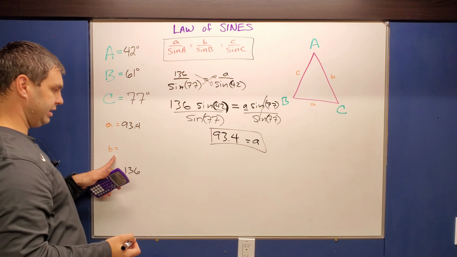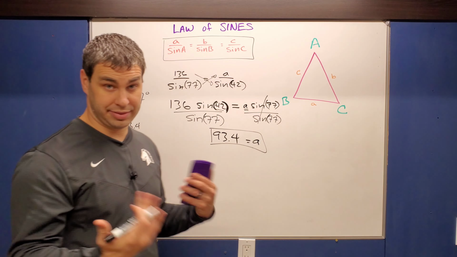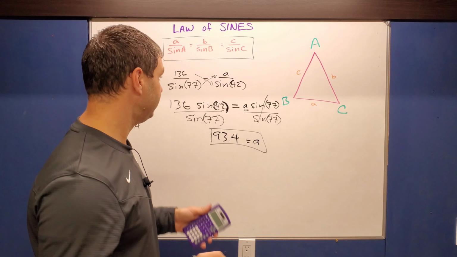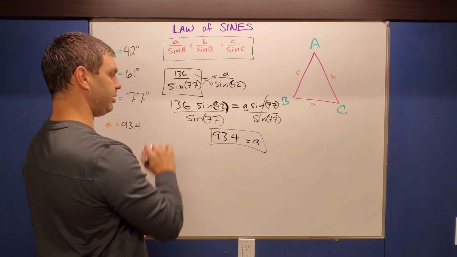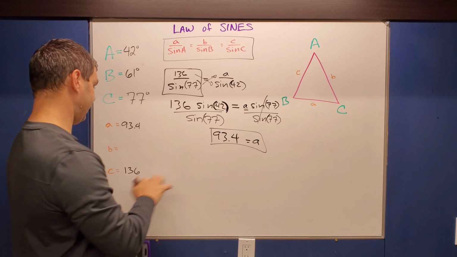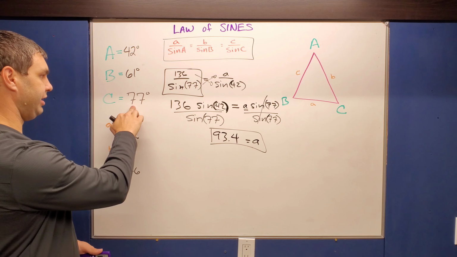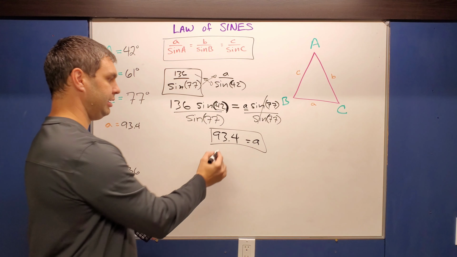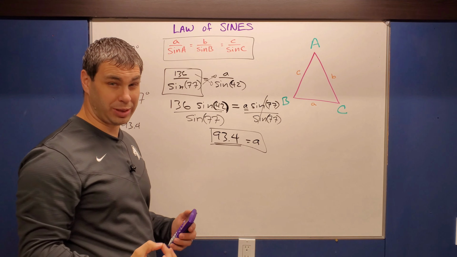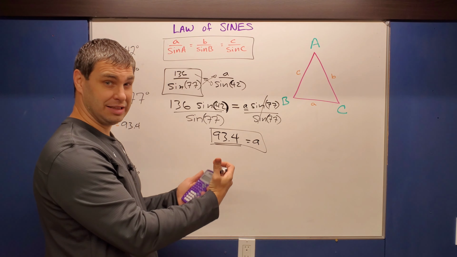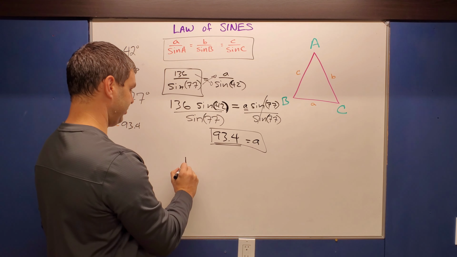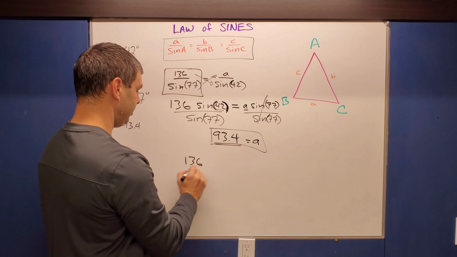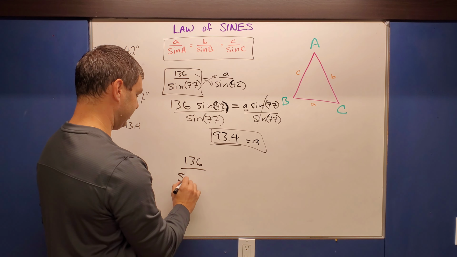And then all I'm missing is little b, and I can do the exact same thing again. Now, one thing I like to do is start with this same part that I began with, because it's not rounded, right? They gave me the 136. I was able to find the 77. There's nothing rounded there. This 93.4, it is rounded, so I'm not going to use that again. I'm going to try to be as precise as possible by using this one that is unrounded. So I'm going to keep 136 over sine of 77. That's the c's.